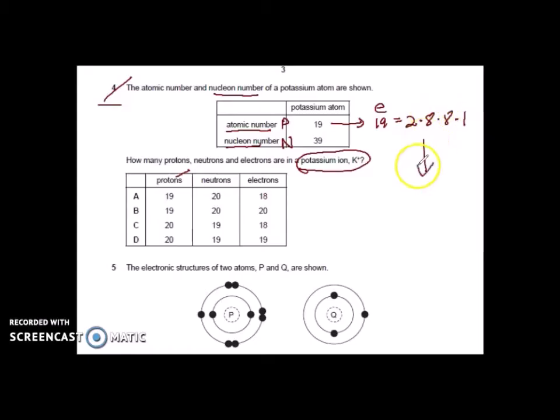When this changes to an ion, it will become 2.8.8, so it loses 1 electron. So the electron number here is 18, 19, and the neutron is 39 minus 19, so you get 20. So your answer is A here.